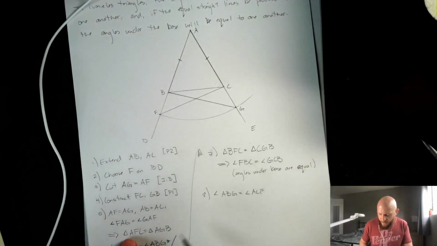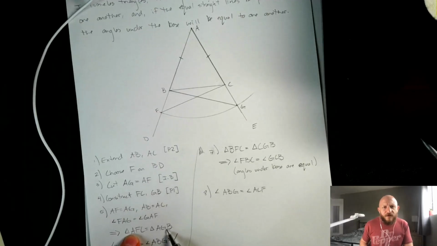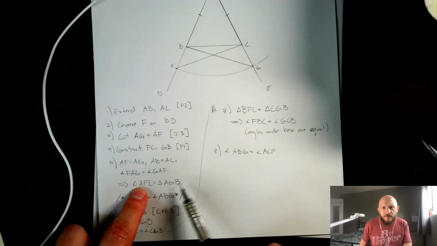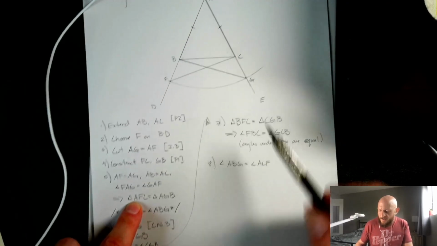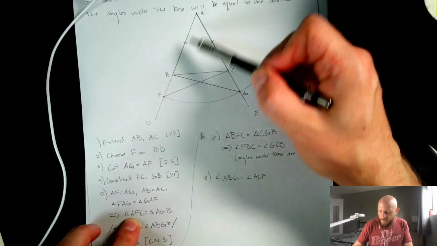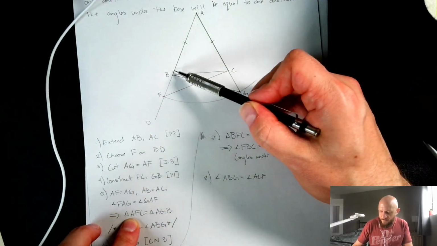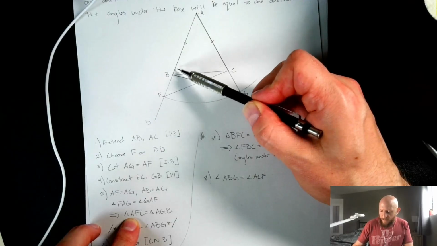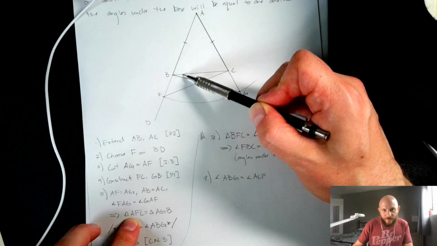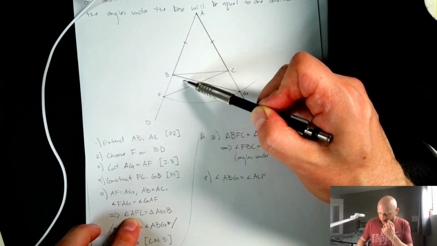Where did we prove that? Well, it comes from step 5 here, that these triangles are the same. We get these angles are the same, so ABG is sort of this full angle of the base plus this tiny little angle in here.